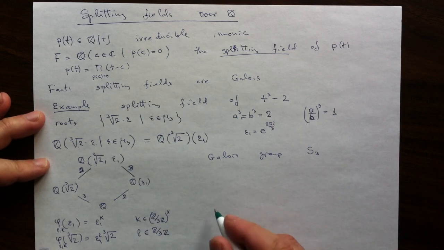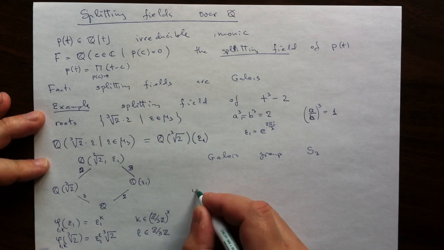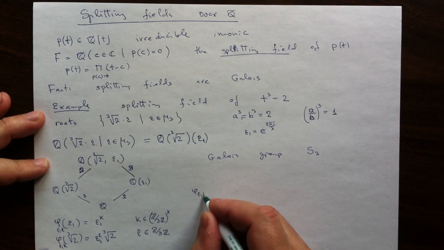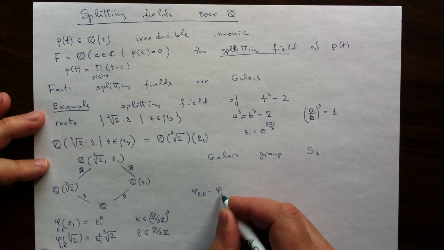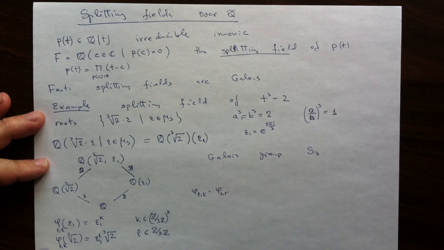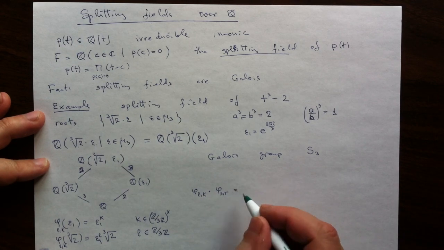Let us see the group structure in this way of writing our automorphisms. So what we're after is the formula for the composition. So I'm composing one of those phis with labels L and K with some other element of my symmetry group, and the labels will be S and R. So I want to see what is the result.